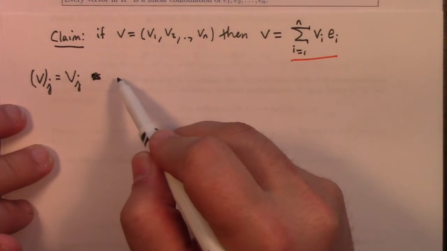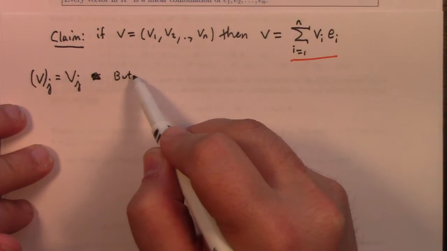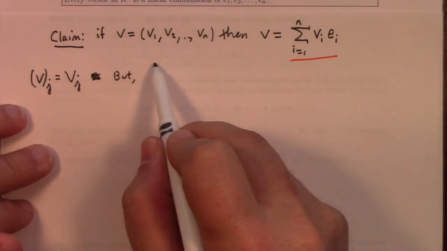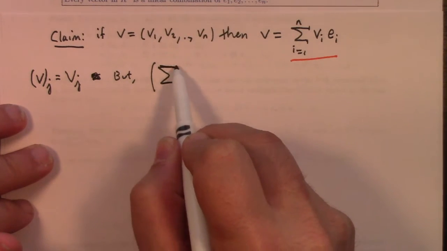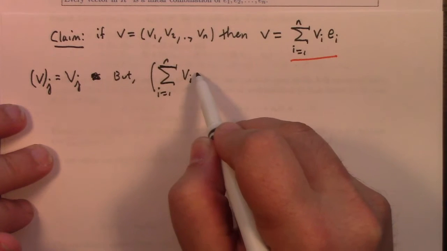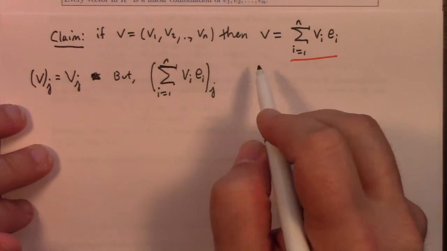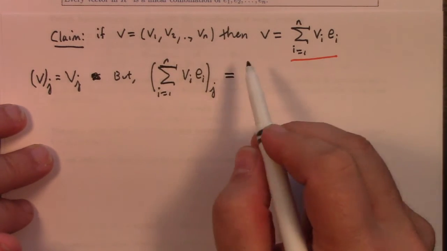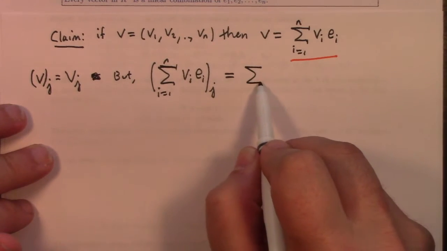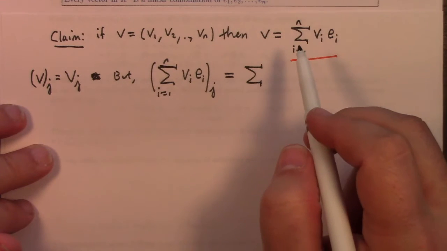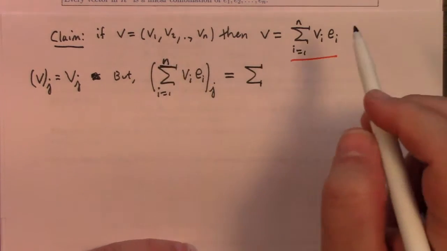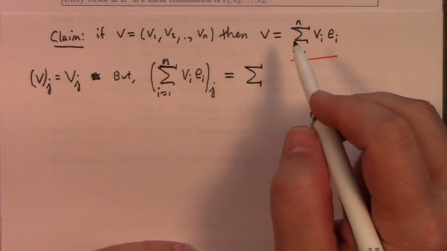But if I look at the jth component of this sum, then by definition of vector addition, and I suppose I should probably prove that if we can add two things, we can add n things. I suppose I never proved that. We could prove that with an induction argument.